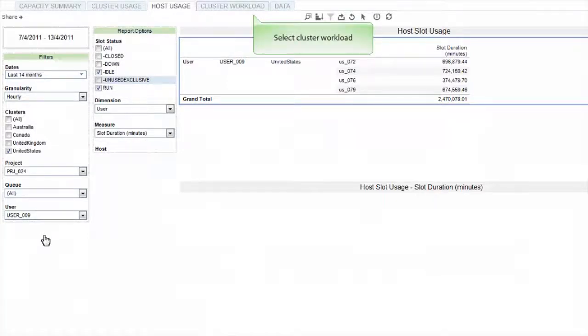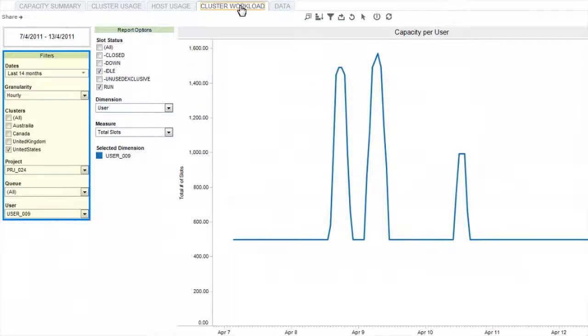Before I wrap up, I'll look at the Cluster Workload tab. I'm still filtering here to show only results for a single user in a single project on the US cluster. In this case, the measure is total slots used.